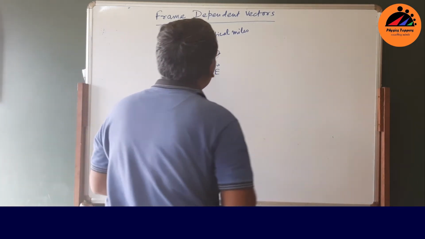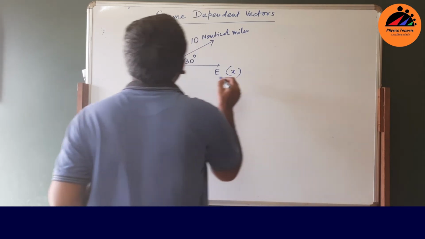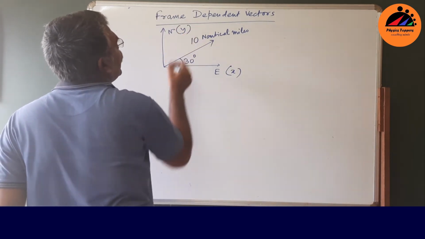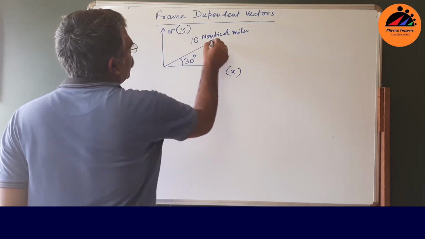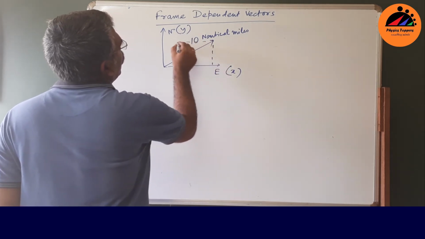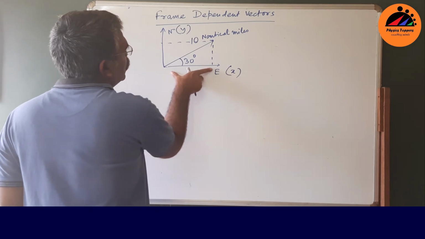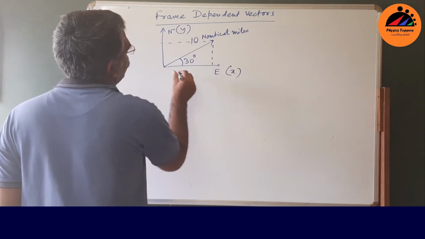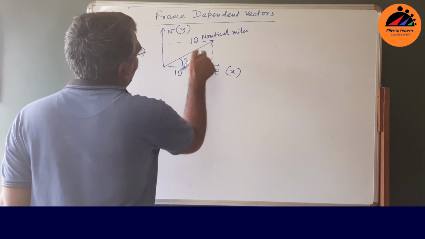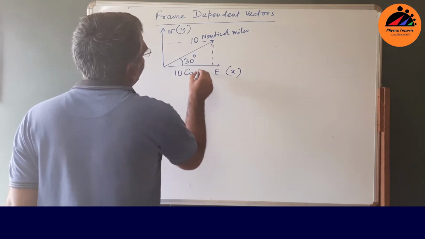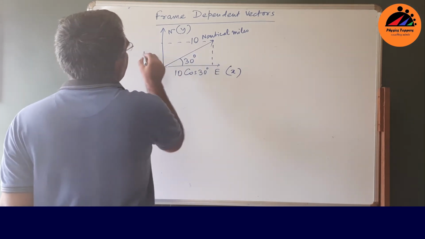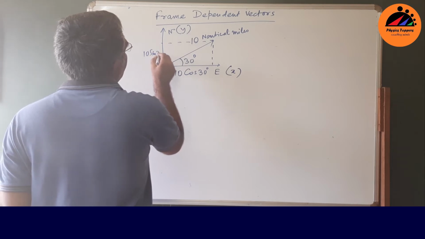For example, if you say this is the x-axis and this is the y-axis, and this part has some component here, suppose 10 cosine of 30°, and this is 10 sine of 30°.